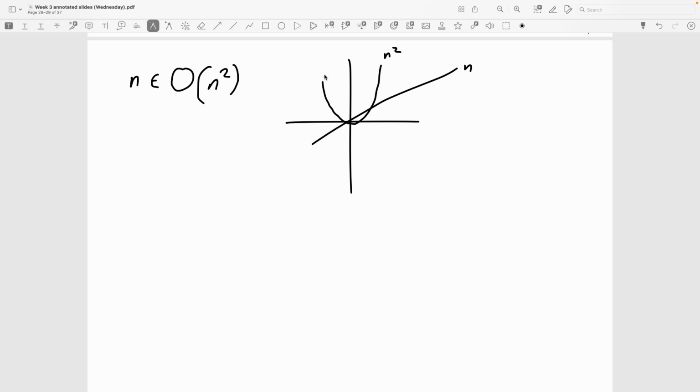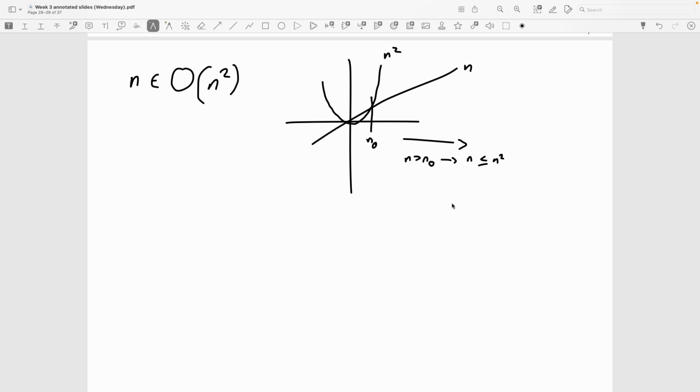But what I want to show is that you'd probably want to put n naught around here, because for all n greater than n naught, that implies that n is less than or equal to n squared.